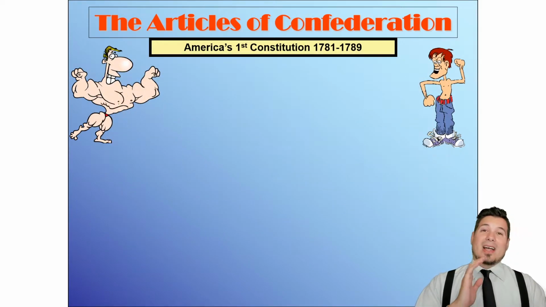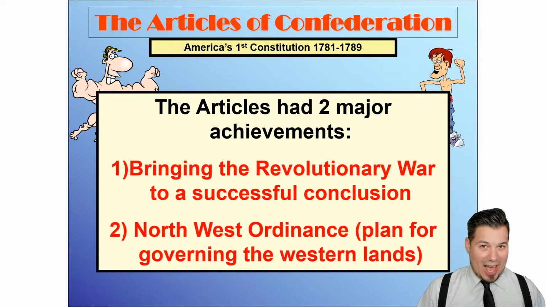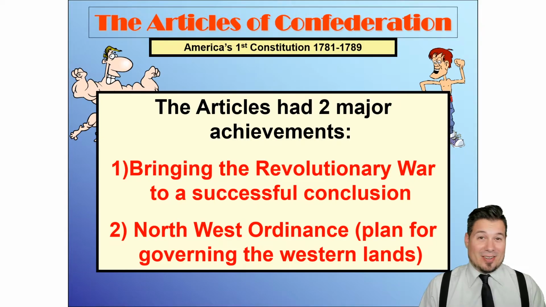Now, something I need to bring up is the two major achievements that the Articles of Confederation had. First is that it brought the Revolutionary War to a successful conclusion. Again, we had to create a government from scratch, and the fact of the matter is we'd never done that before. So this was a great way for us to create a government and some type of law for the land. And second is something called the Northwest Ordinance.